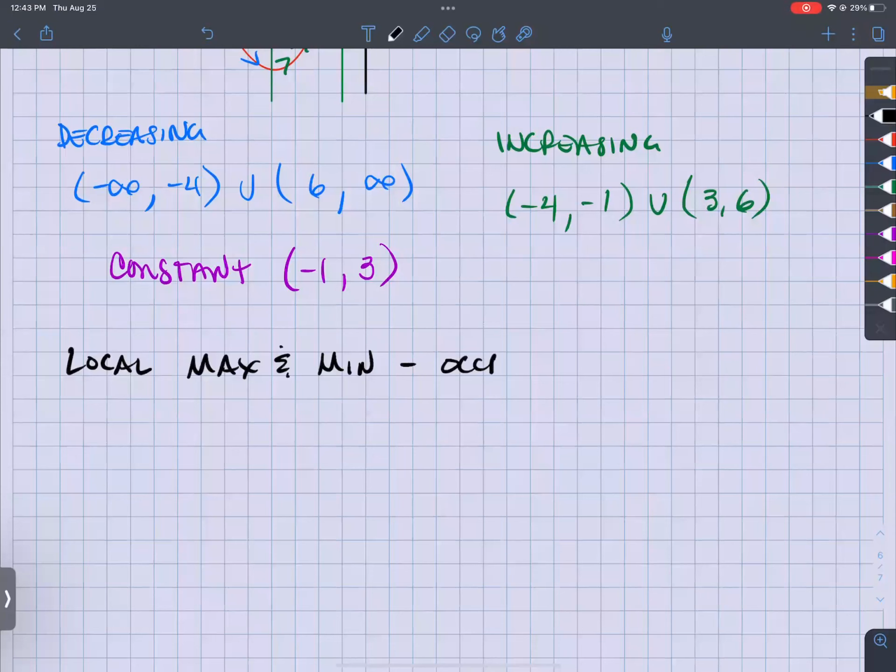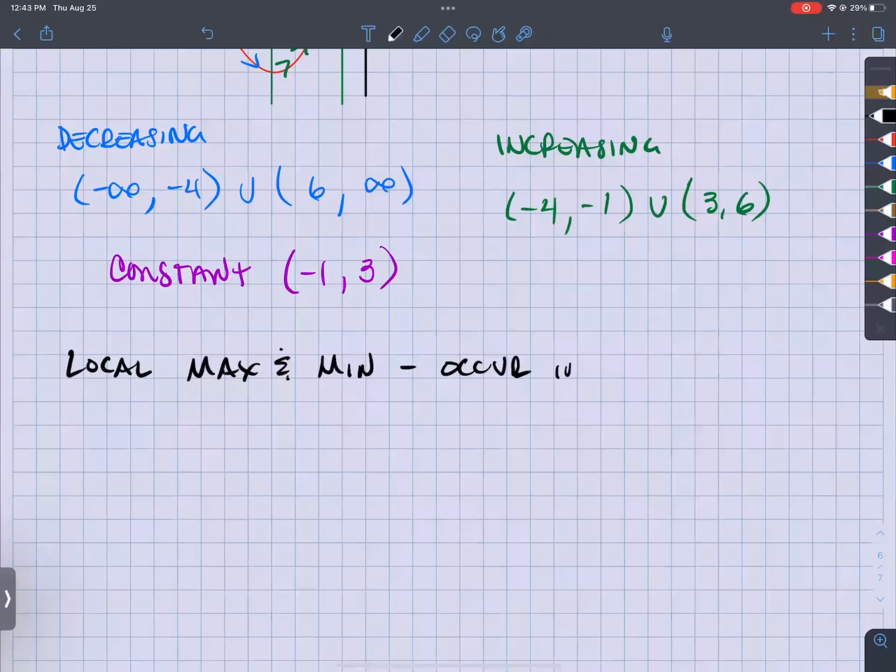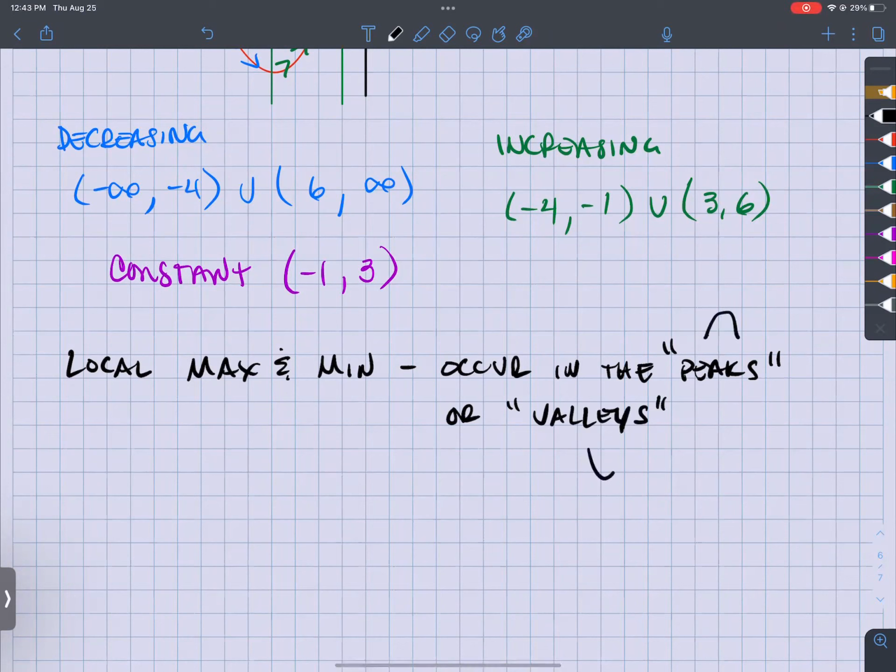These occur in the peaks or valleys. And it's going to be local based on what kind of graph is given to you. Does that make sense? Okay. And again, it's only a peak or a valley.